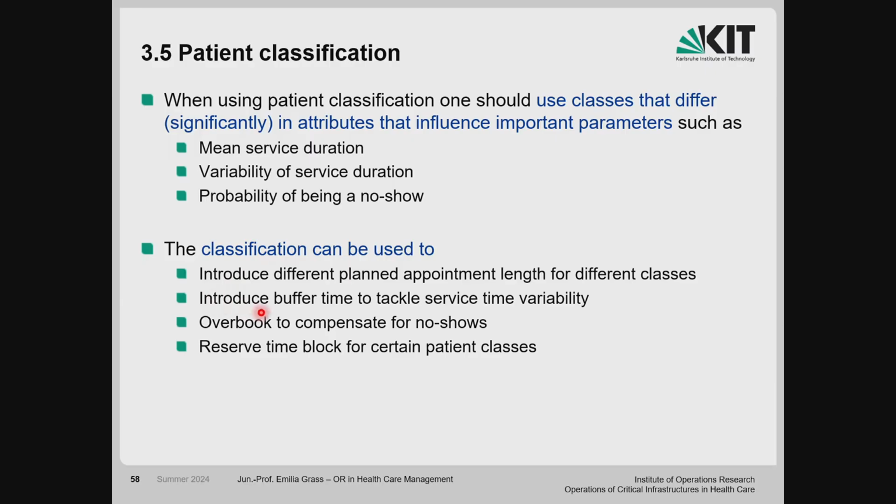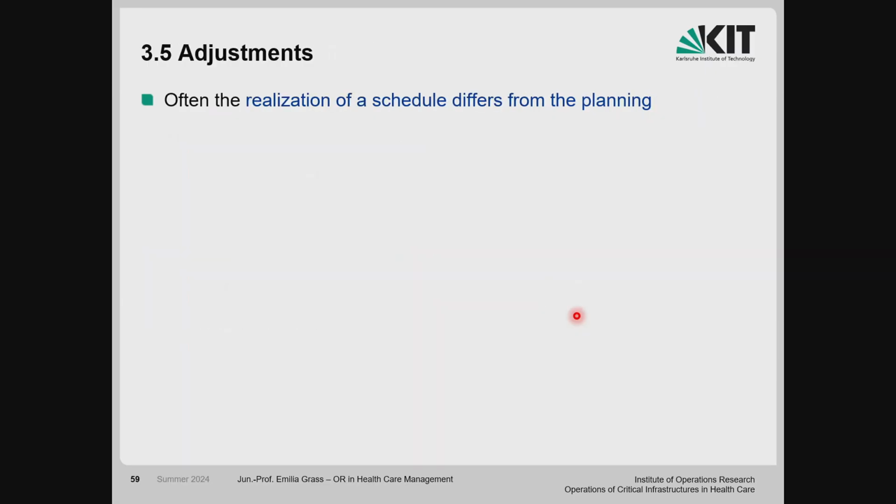We could simply, as an airline does, assign multiple appointments for the same time slot. Or we can reserve time blocks, because certain patient classes need more time than others. Okay, and the third block was just, yeah, please.